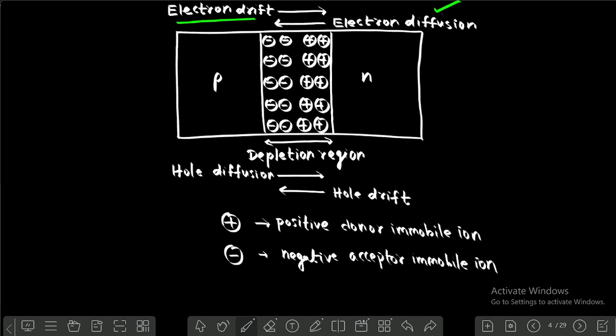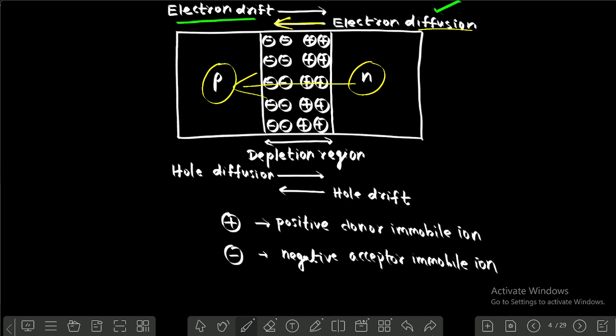Next listen, this is the diagram you must do. You have to understand how electron is drifting from which side to which side, and how electron is diffusing from which side to which side. As electron concentration is more in n side and less in p side, electrons will diffuse from n to p. So that's why the direction is given like this.